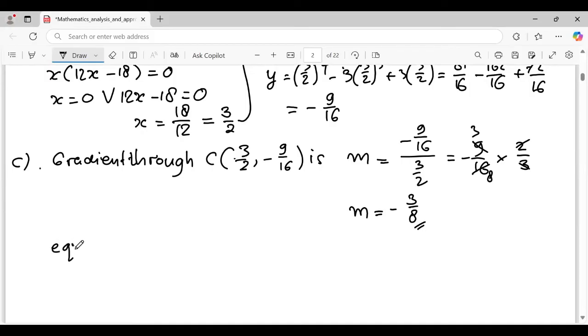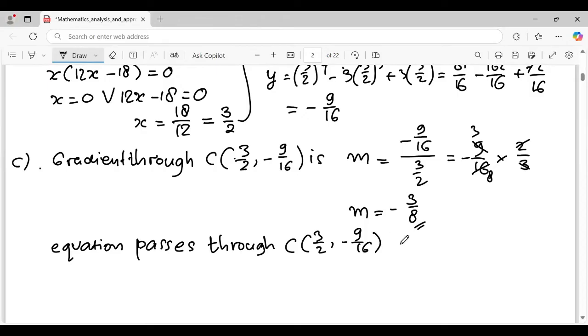Now the equation. The equation passes through C with this gradient.